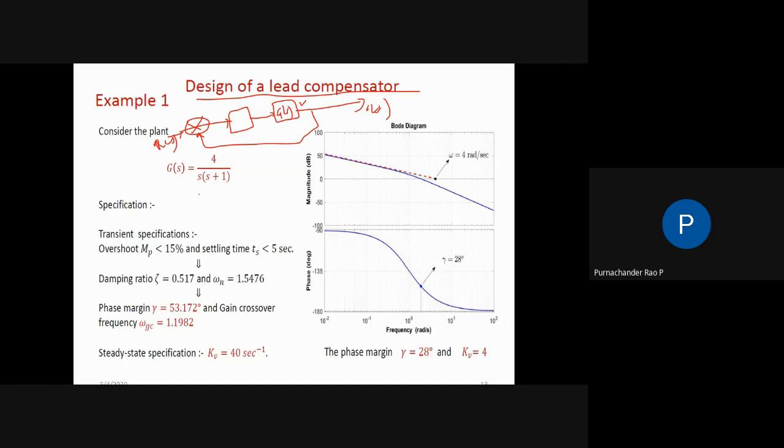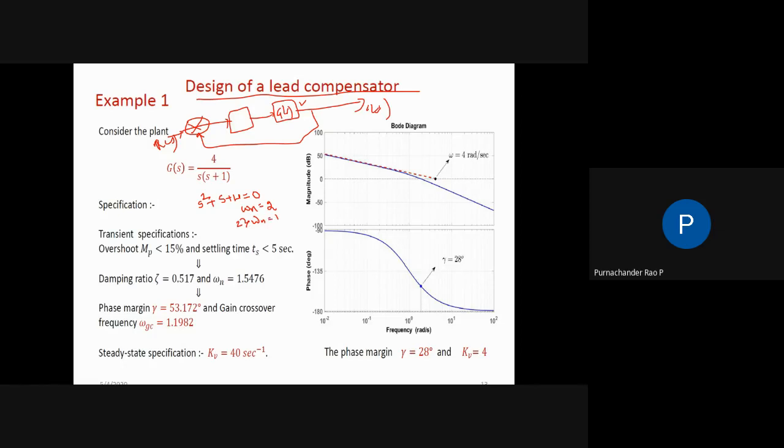If you take this, it is a second order system. For the second order system, the characteristic equation is s square plus s plus 4. From this, omega n square is equal to 4, so omega n is equal to 2, and 2 zeta omega n is equal to 1.